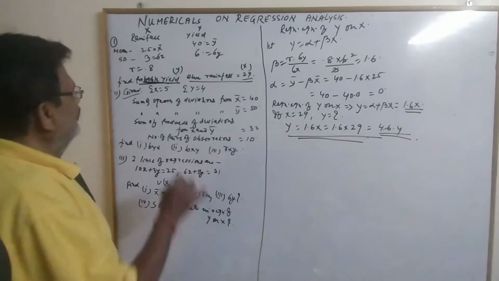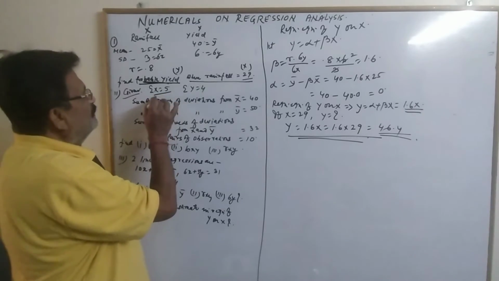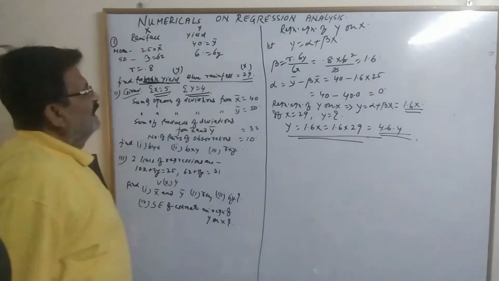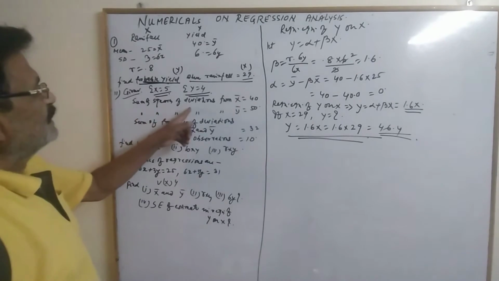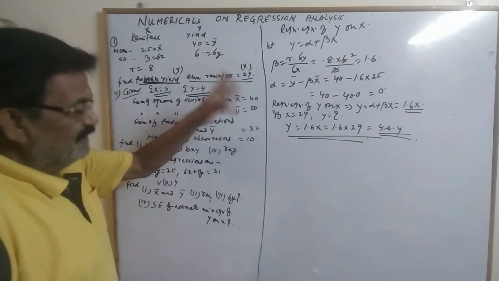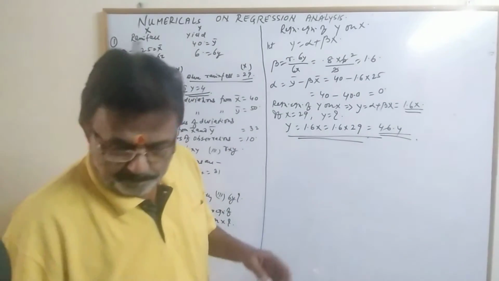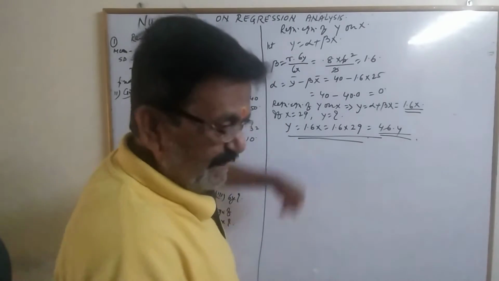Here it is given that summation of x is 5, summation of y is 4, and the sum of squares of deviations from x bar is 40. So this figure has to be decoded.